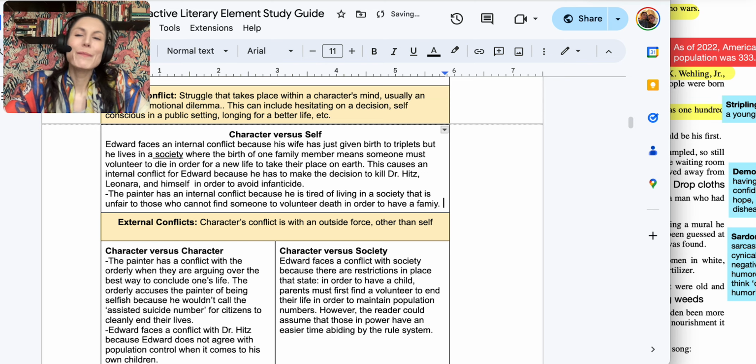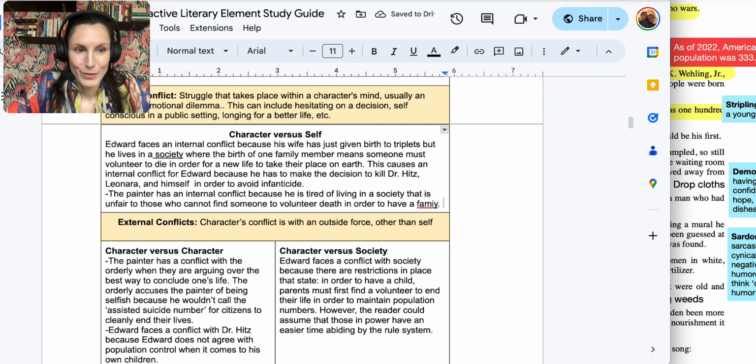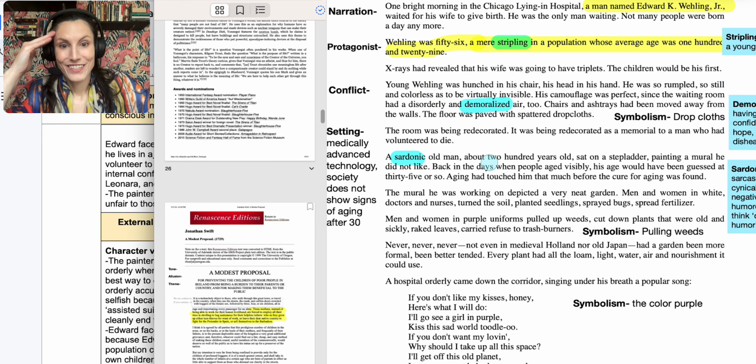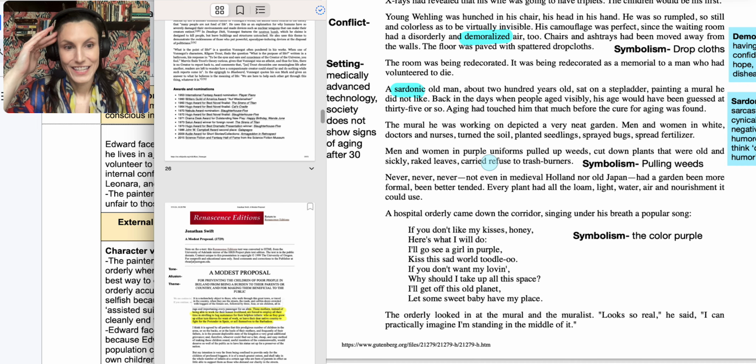We could sort of maybe assume that in this story, everyone thinks things are perfect, but the painter doesn't. The painter is like, this world is not perfect. This world is sick and twisted.